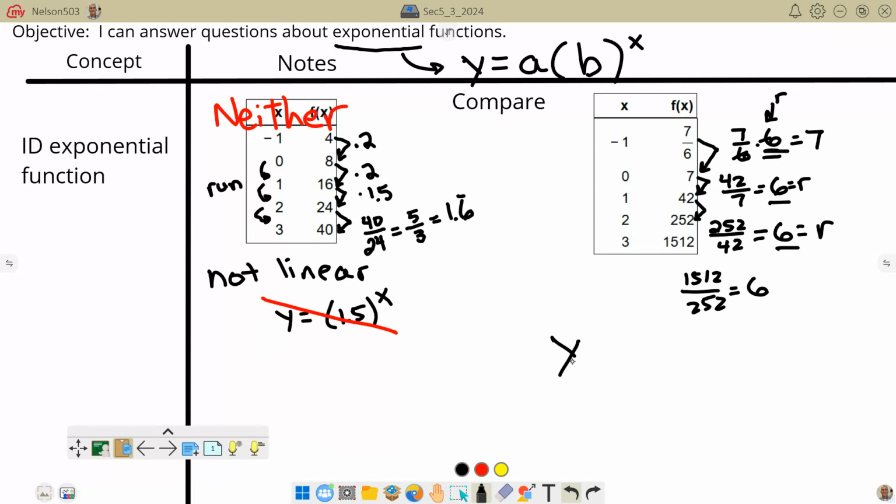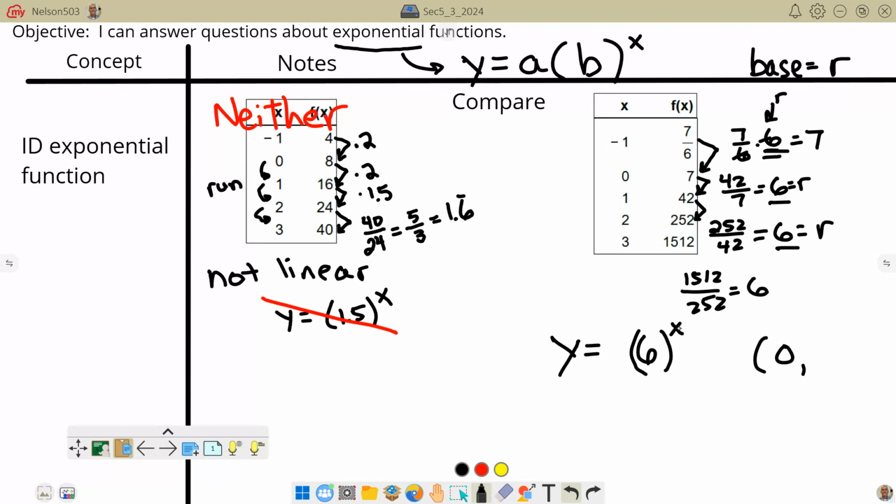So what I'm going to do here is I'm going to go y equals, I know my r value. See, the r is actually the b value. So the b, the base, is going to be equal to your r value, right? So that was my 6. So I'm going to put down 6 here, and then I'm going to put an x up here. And then here's the thing, if I put 0 in for x, so what I'm doing is trying to figure out what the y-intercept is.